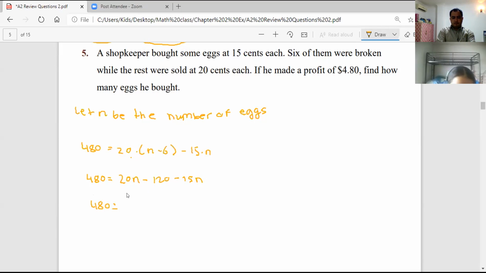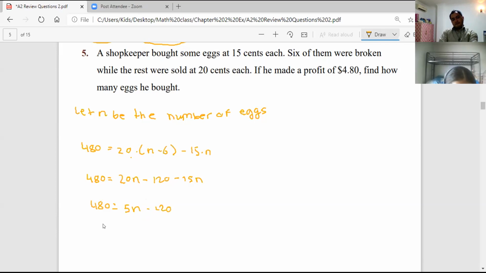That's not plus, Shahina. Where is plus? Oh wait, no, that's minus. It's 20n minus 15n. Look at what's in front of the 15: it is minus, right? 20n minus 15n minus 120, right?